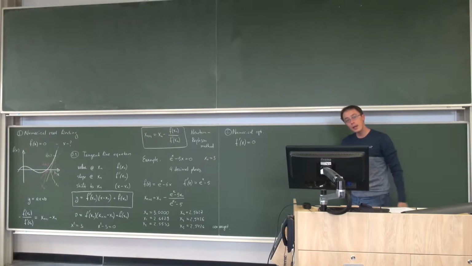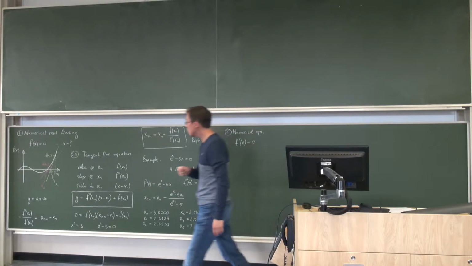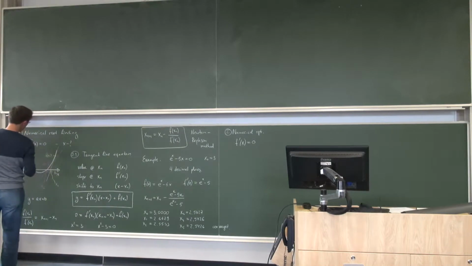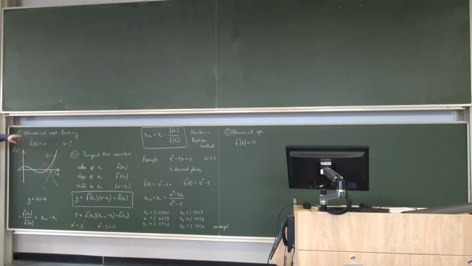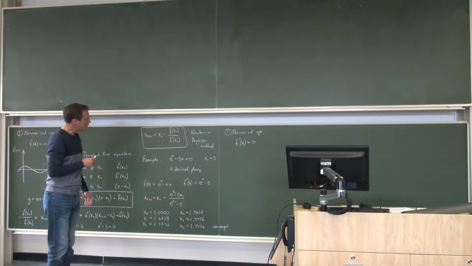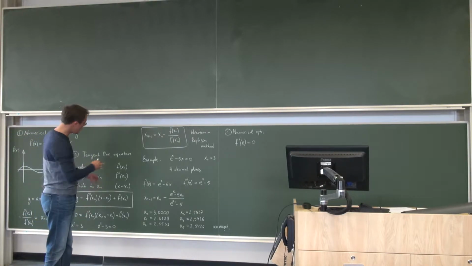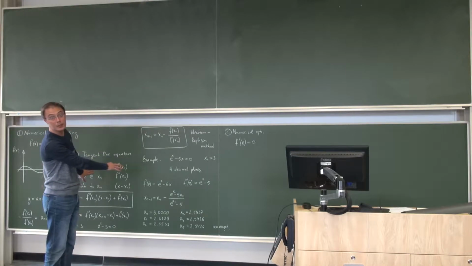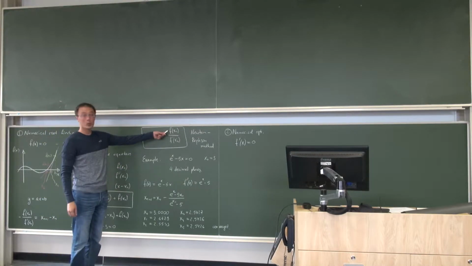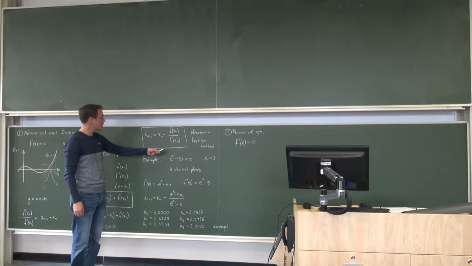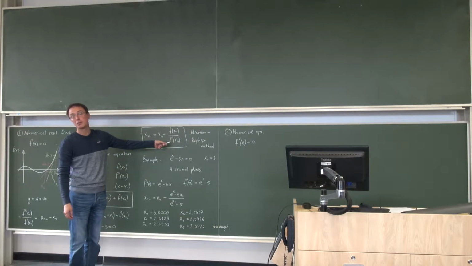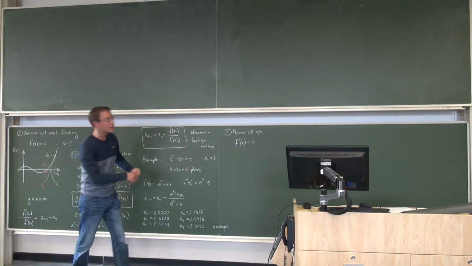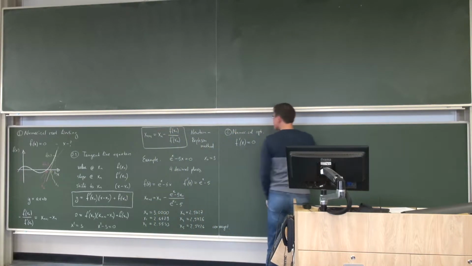So instead of finding the zeros of the function itself, we are now finding the zeros of its derivative. Well, but that's actually very easy. We already know everything here. So instead of f, we will have f prime. And instead of f prime, we will have f double prime. That's it. And it will find us the zero of the derivative.